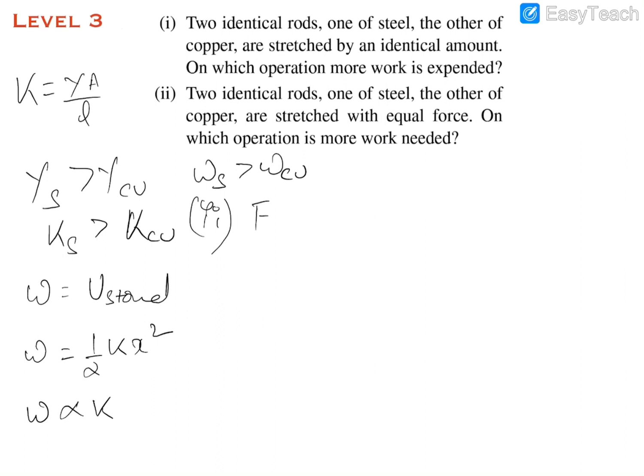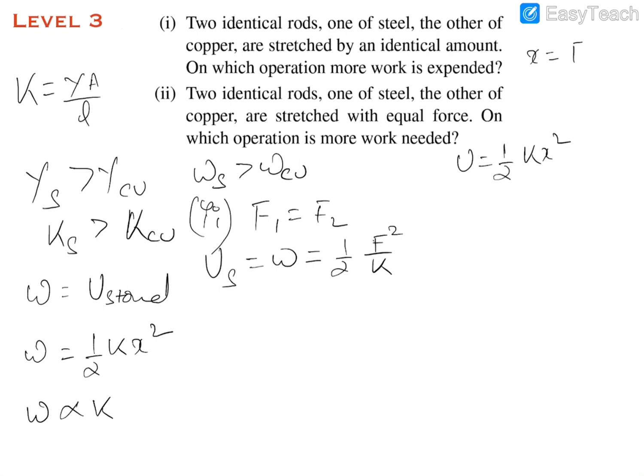So when the force is the same on both of them, then we know that the formula of energy stored or work done is equal to half F square by K. This formula can easily be derived, since half K x square is the energy stored and x is equal to F by K.